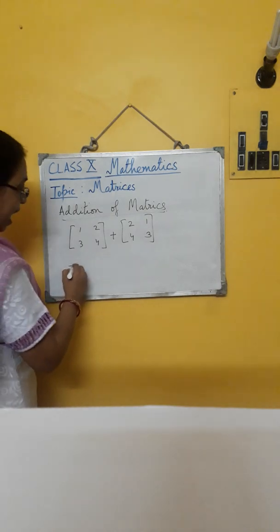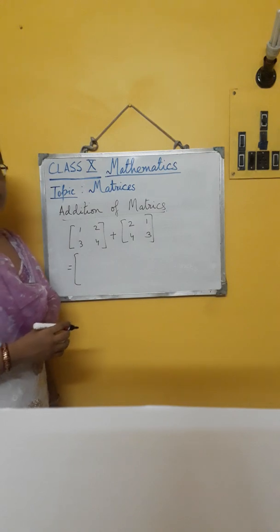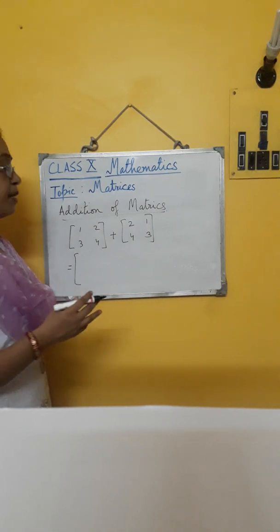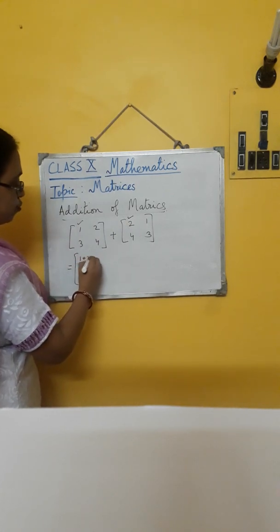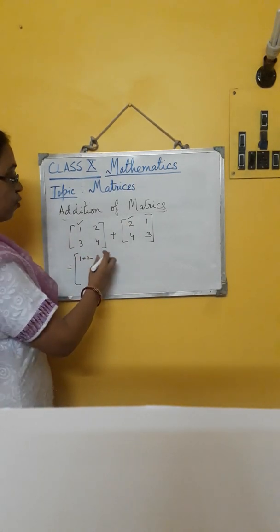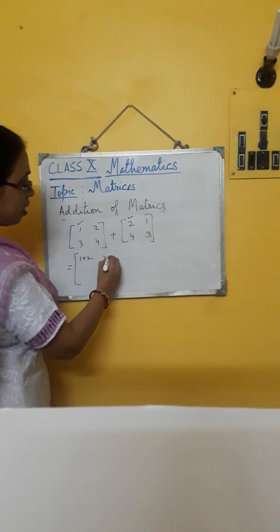Whenever we add two matrices, we add the corresponding elements. That is the first one with the first one: 1 plus 2. Then go to the next element, that is 2 plus 1.